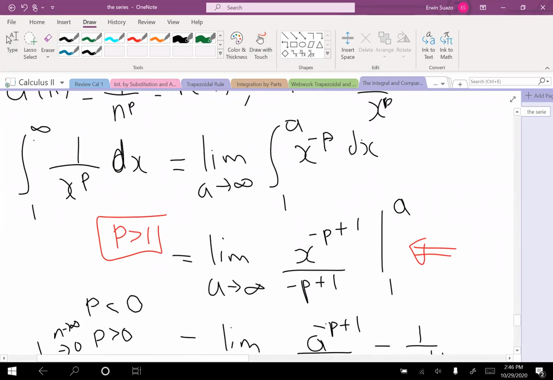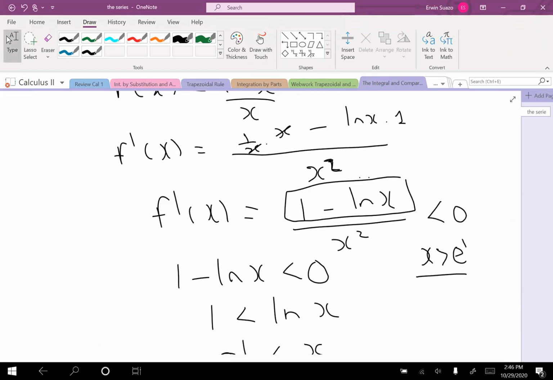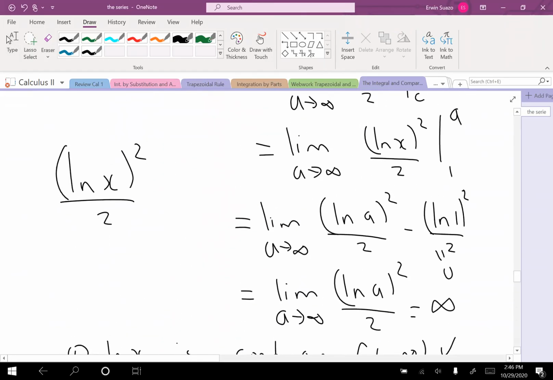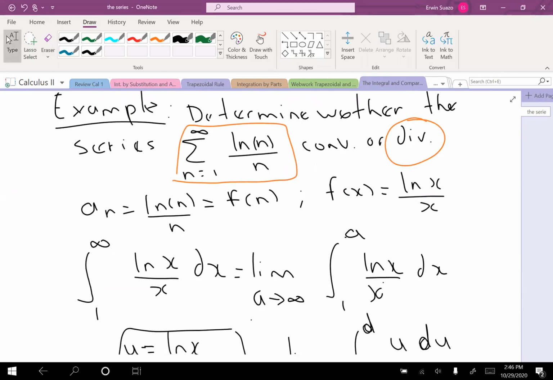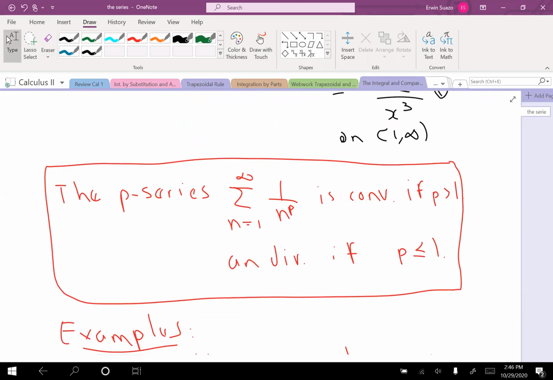All this story is because this is probably the most important example we have, and it's important in electrical engineering for this series. All this is the proof of this: the p-series, the sum of 1 over n to the p, is convergent if p is bigger than 1 and divergent if p is less than or equal to 1.